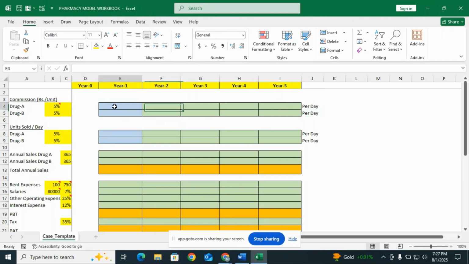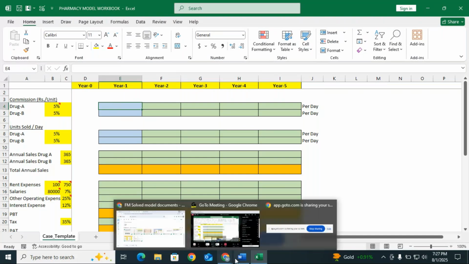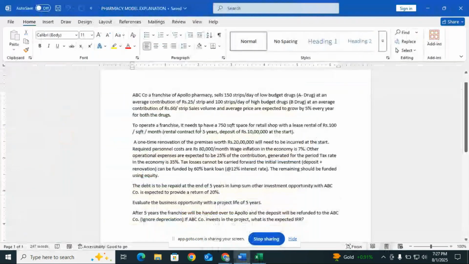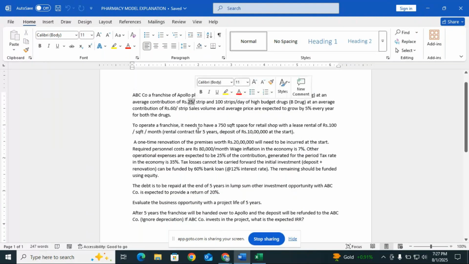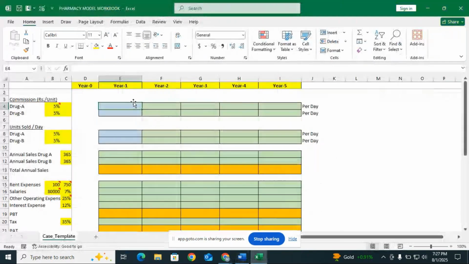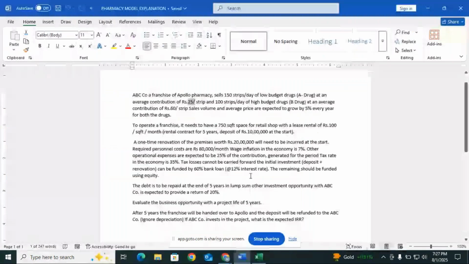So, in year one, what is the selling price per unit of drug A? How many strips are being sold? I want the price at 25 per strip. So here you have to put 25. What about drug B? Drug B is being sold at an average price of 60 per strip.